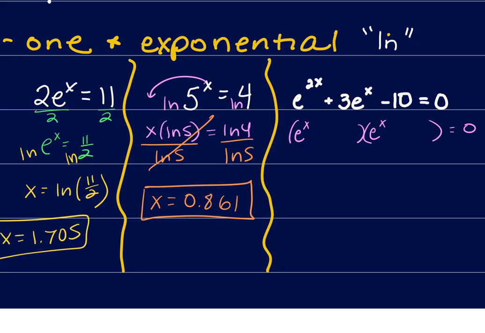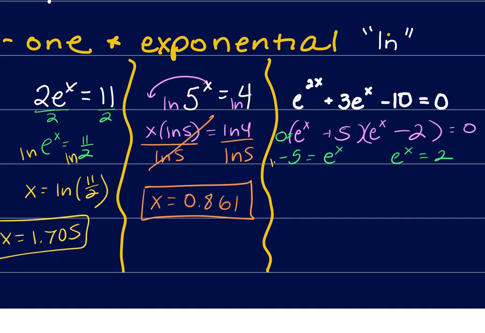And then you're just looking for the factors of -10 that sum to +3, which are what? +5, right? +5, -2. And then we split and solve. So e to the x equals -5, and e to the x equals 2. And then what?